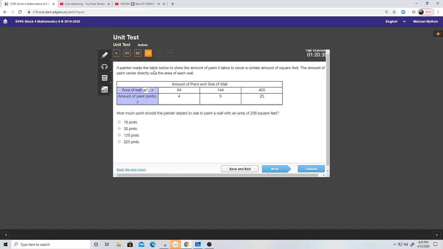A painter made a table below to show the amount of paint it takes to cover a certain amount of square feet. The amount of paint varies directly with the area of each wall. There's a little hint right there, a little squared action. How much paint should the painter expect to use to paint a wall that has an area of 256 feet?